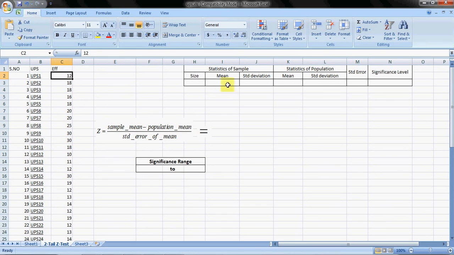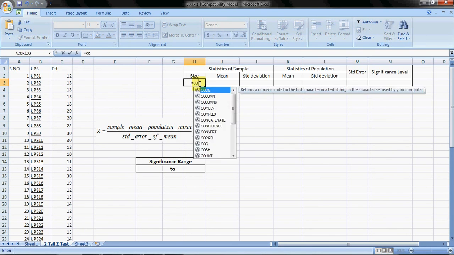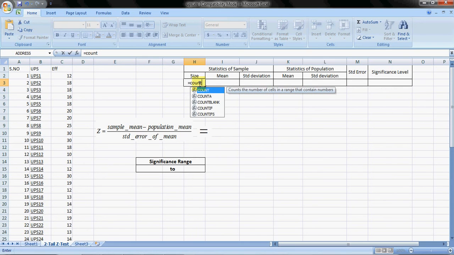So to compute the statistics of the sample, we need the sample size. To compute this sample size, you can simply use a formula that is COUNT. You can see value 1, value 2, value 3 is shown here as a reference of this formula.